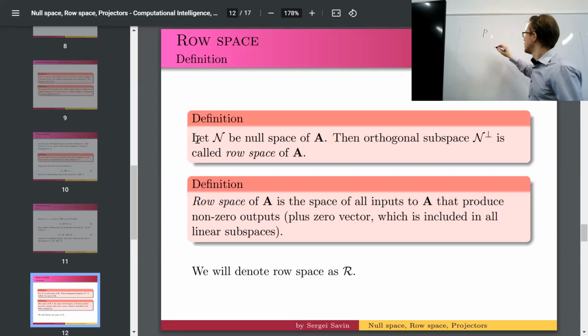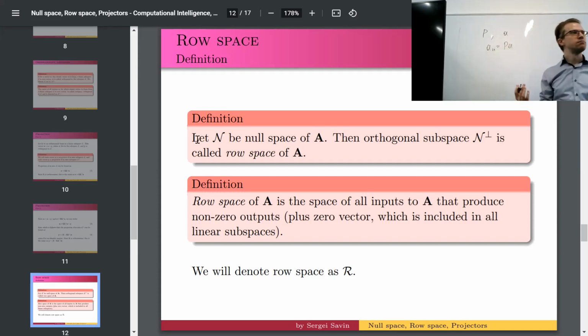So let's say for vector A, its projection onto the null space would be given as PA. And we know how P can be constructed. P can be constructed as N N transpose, where N is a null space basis for some linear operator.